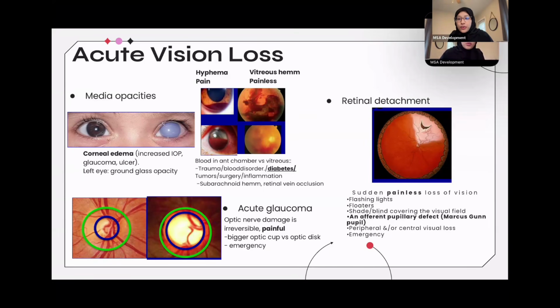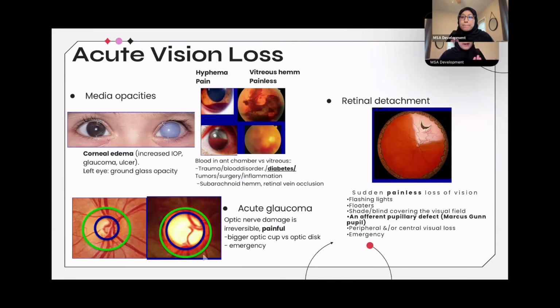And the main important thing is that there is an afferent pupillary defect. Because the retina is now detached, when you shine the light, it will not work anymore, and that is what the defect is. It is very important in retinal detachment, in painless acute vision loss. This is also an emergency.